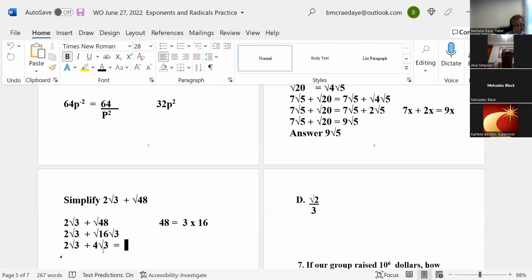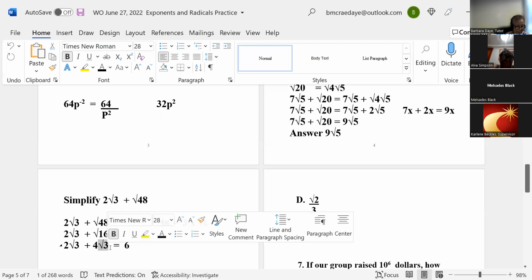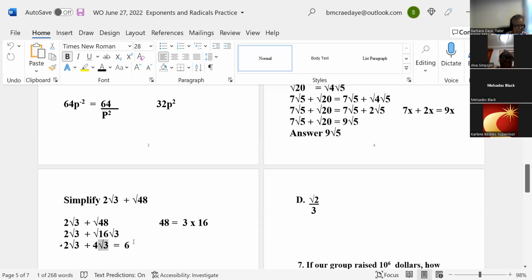Oh, a plus. Sorry, I'm talking about multiplication. I didn't say times. 6. Know your math operations. Listen up. So that'll be 6 times square root of 3. That's your answer.